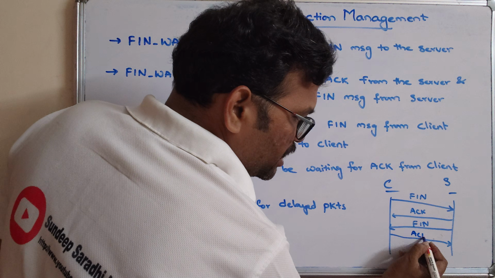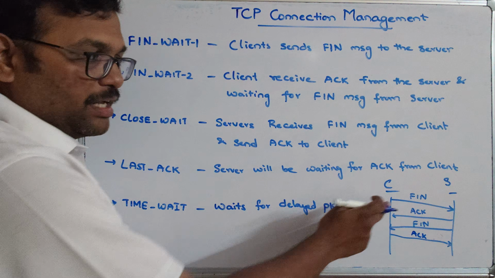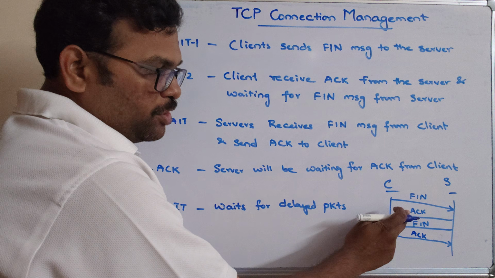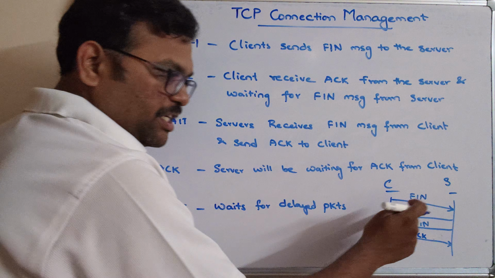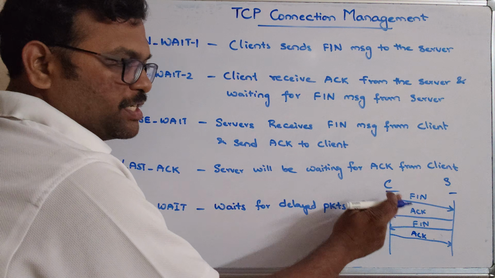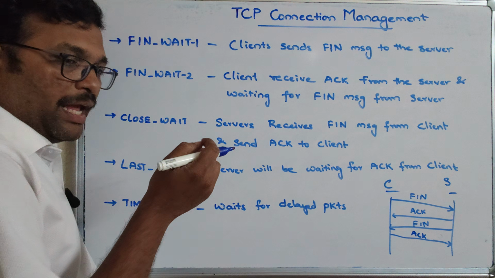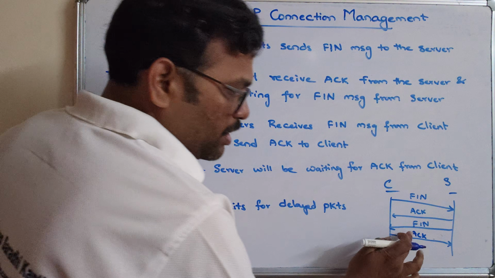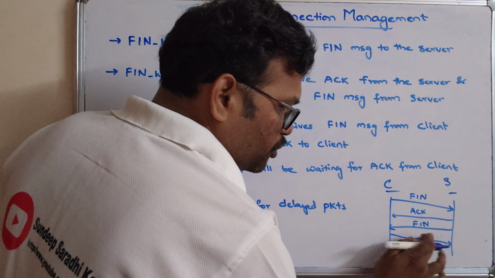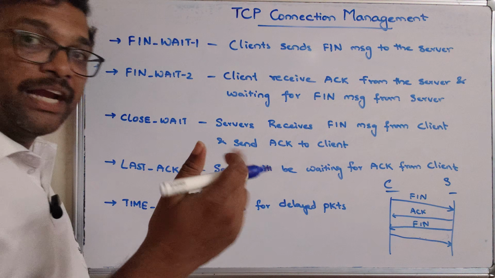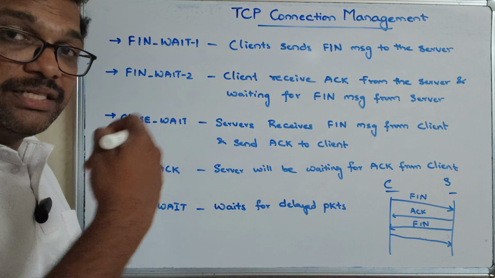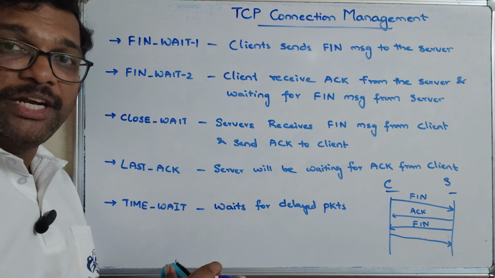So actually this is what happens in the connection release. The first one is fin, next acknowledgement from the server, finish message from the server, and for that finish message the client should give the acknowledgement. If this acknowledgement is lost during the transmission, as we have said, if there is any packet loss, the retransmission should be done.